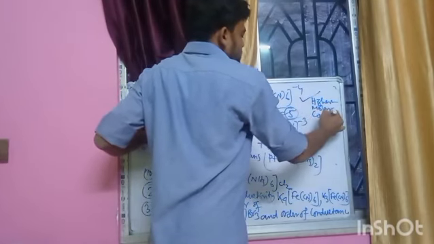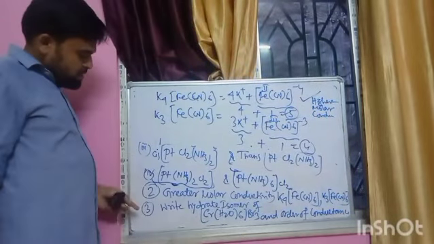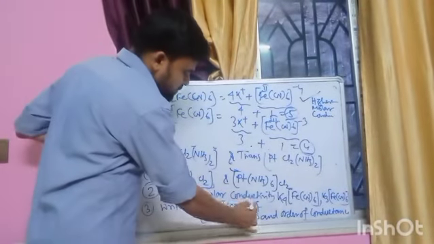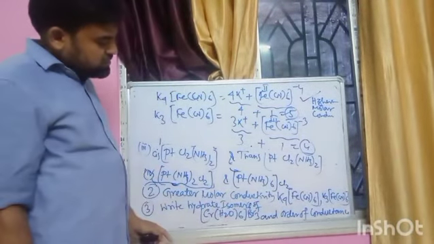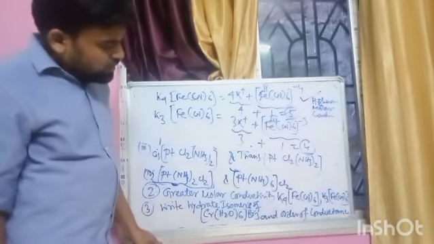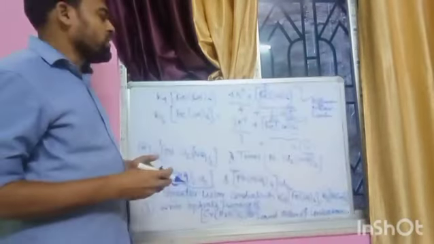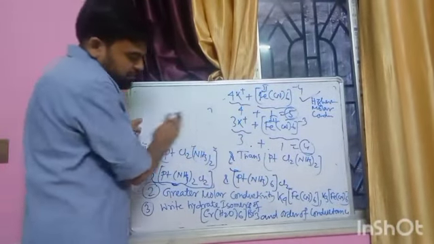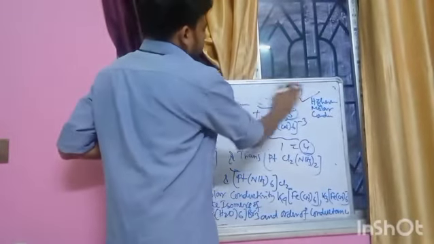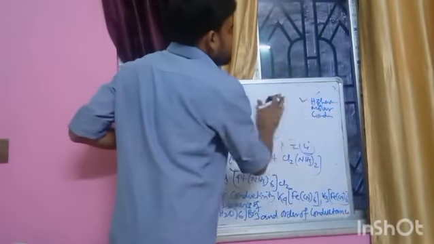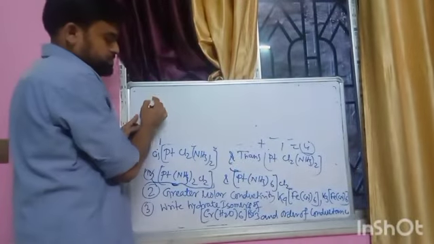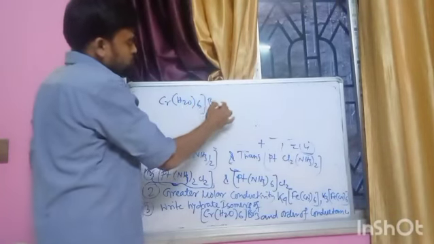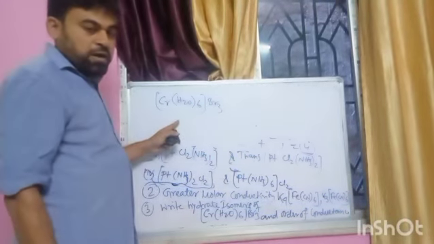Write the hydrate isomers of [Cr(H2O)6]Br3 in order of conductance. According to their order of conductivity, they must be arranged. So the hydrate isomers of [Cr(H2O)6]Br3 are written as follows. There are many hydrate isomers.